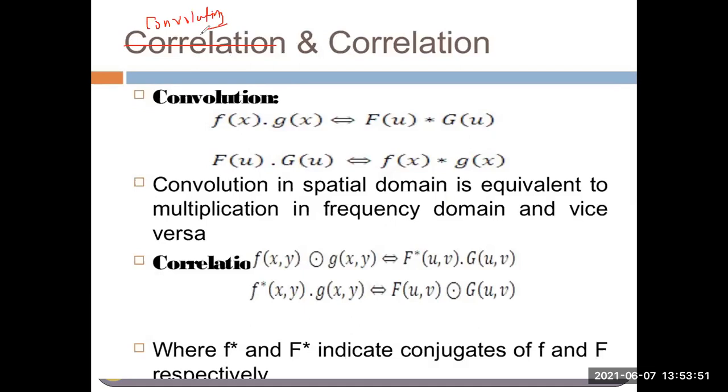As we know, convolution is one of the most powerful operations in digital image processing, a property that we are going to use frequently. And we have already discussed that convolution in the time domain or spatial domain is equivalent to multiplication in the frequency domain.